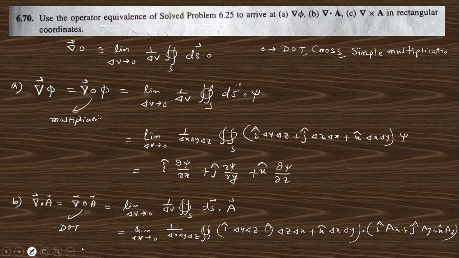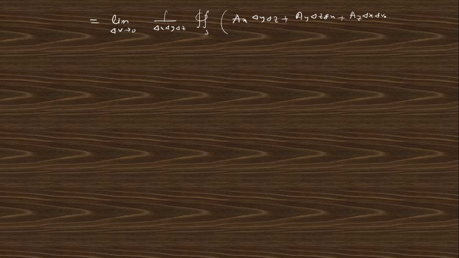So i dot i is 1, and within the integration this gives ax delta y delta z, ay delta z delta x, and az delta x delta y.